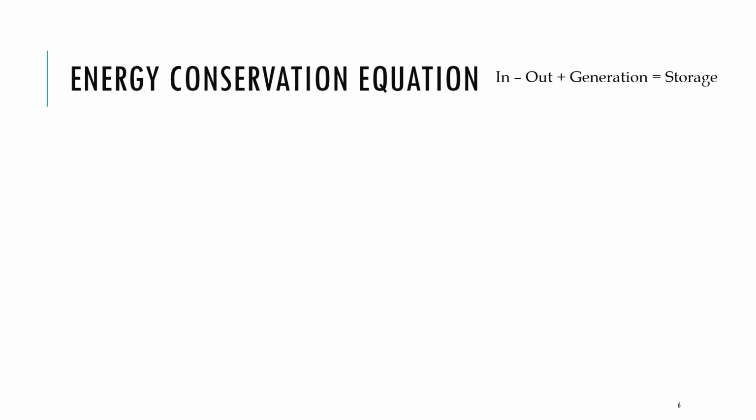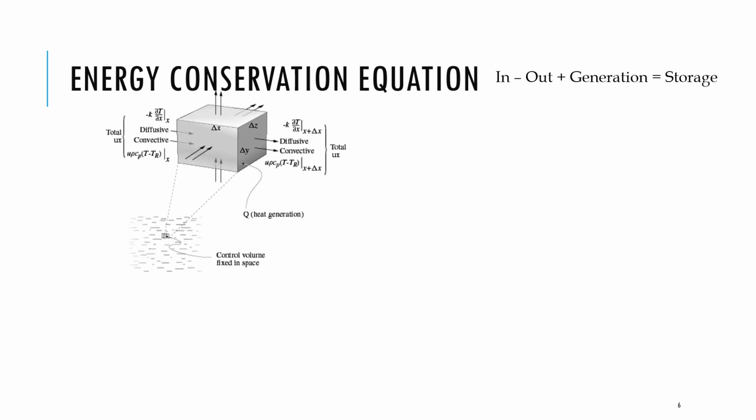So then our statement, the word statement, is energy in minus energy out plus energy generation equal to change in energy storage. So we choose an arbitrary control volume. There is nothing special about this.